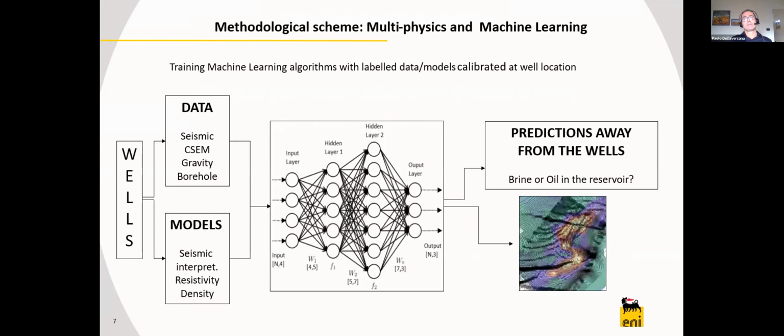And this is the scheme of our approach, summarizing the entire workflow. We used the seismic data, electromagnetic data, so controlled source electromagnetic data, and also gravity data. And we used the wells and borehole information for calibrating our data at well location, because at that time we already had 3 exploration wells drilled in the same area.